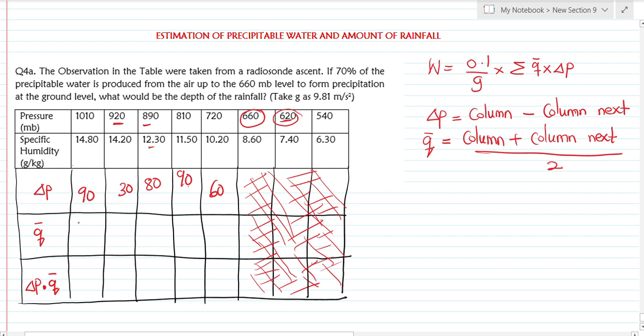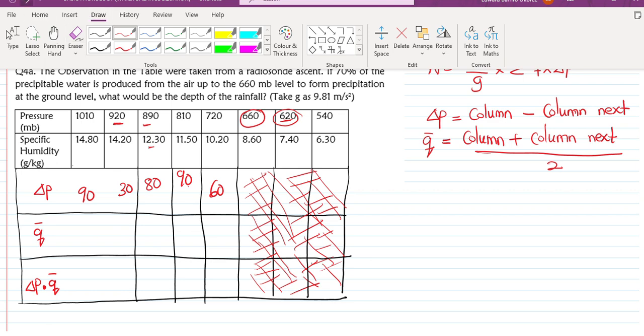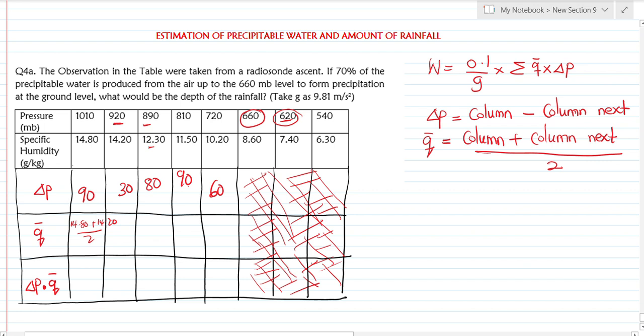When I come to the average specific humidity, it is the column you find yourself in and the column next, and the data inside is what you use.